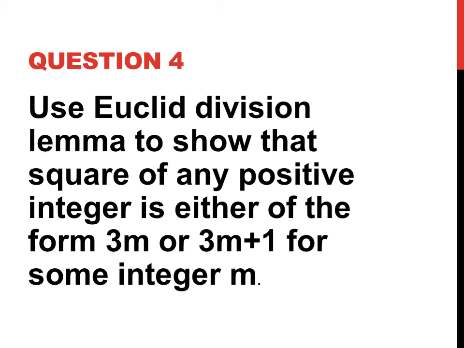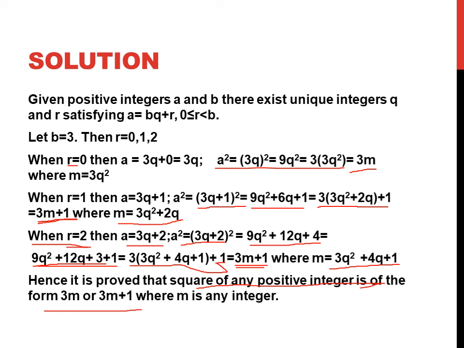Now trying to understand its solution. First of all, whenever we are going to do its solution, we need to first write the Euclid division lemma, which is: given positive integers a and b, there exist unique integers q and r satisfying a = bq + r, where r is equal to or greater than 0 but less than b.